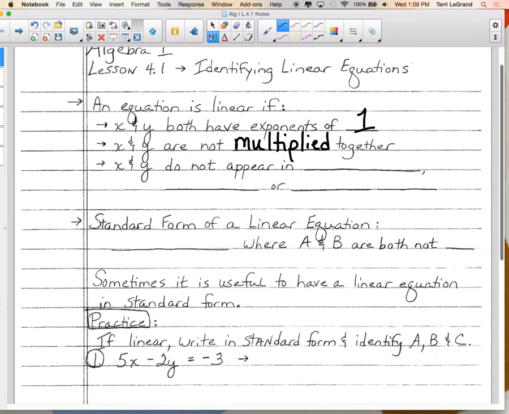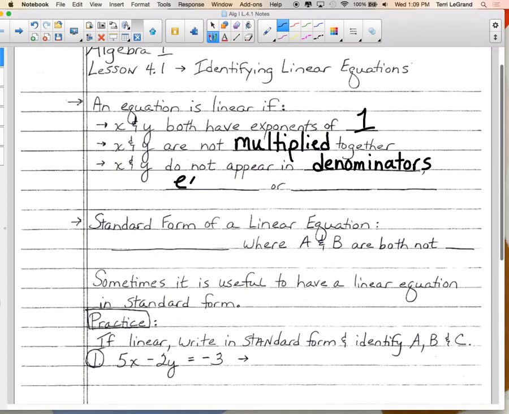And then the other tests are x and y do not appear in denominators. So if there's any fractions in the problem, and your x or your y, or both, doesn't matter, if either of them is in a denominator, it's no longer linear.